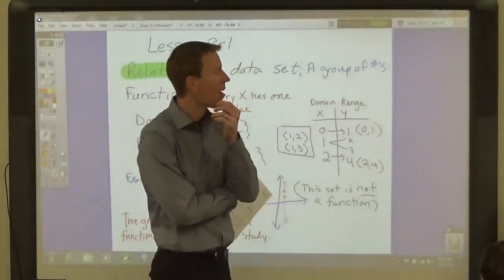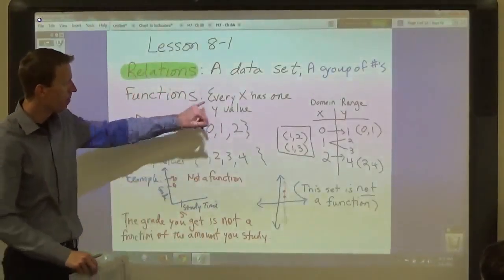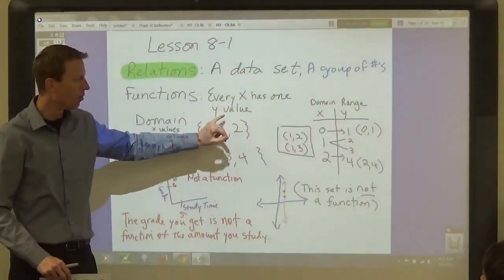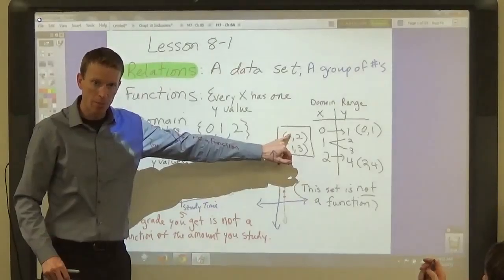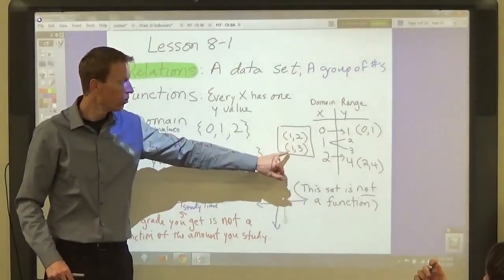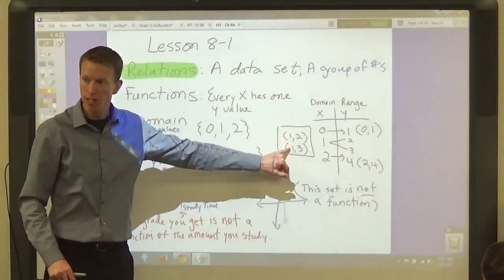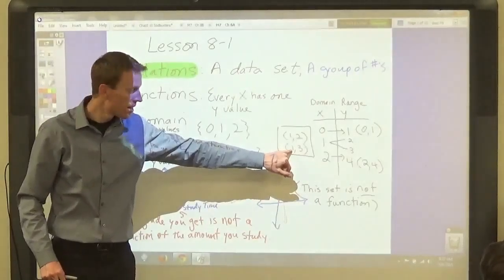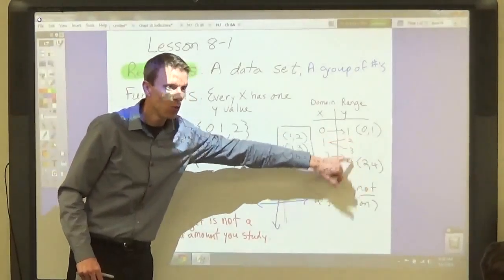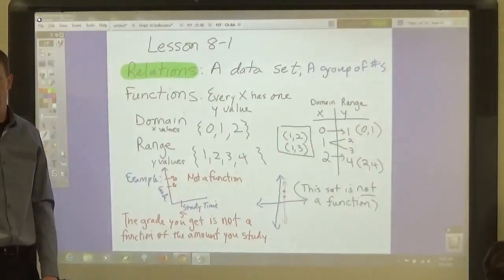If every X has 1 Y value. Good. So if every X has 1 Y value, in other words, if you look at the points, if there are 2 points with the same X value, that means that X value has 2 Y values. That's not a function. Okay?